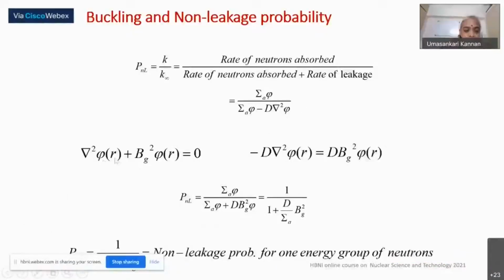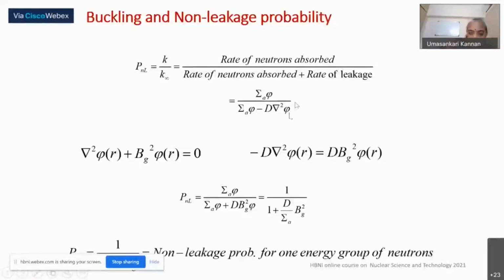Now here we have the neutron balance equation, which is del square phi plus Bg square phi equal to 0. You substitute for this. This can also be written as minus D del square phi. You substitute for Bg square and for del square phi here, so minus D del square phi is nothing but D Bg square phi.